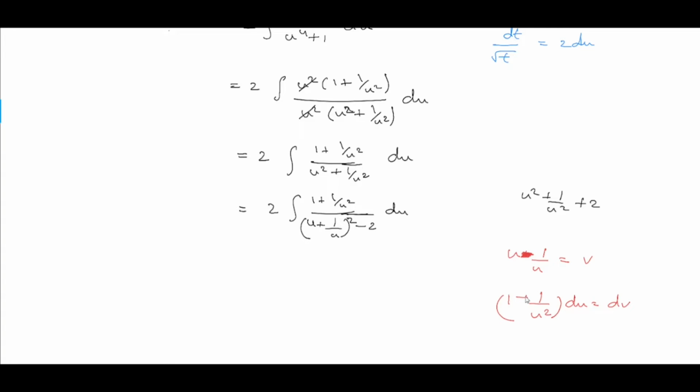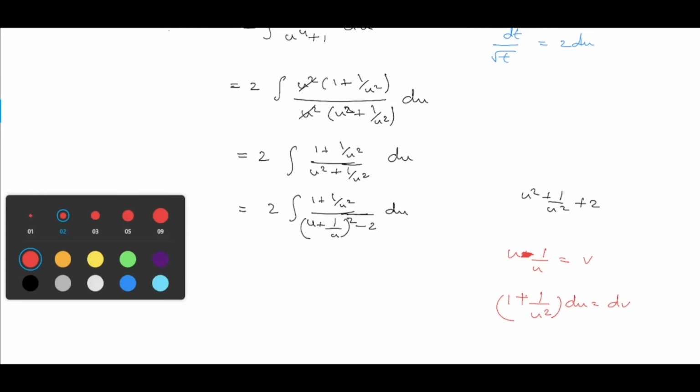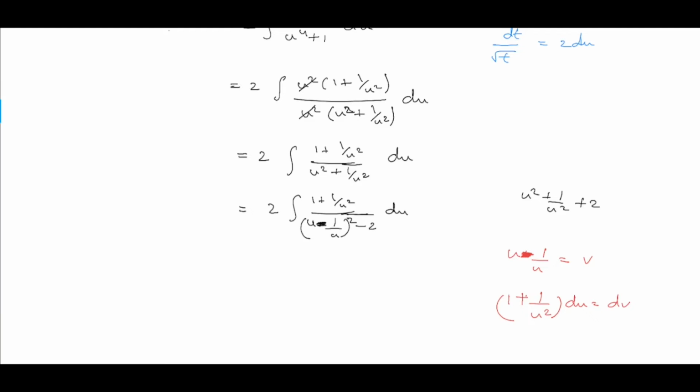If I had a negative, we have positive 1 plus 1 by u square du, and that's what I have. So how can I make this negative? That means this thing has to be u minus 1 by u squared, and if that is negative, my expansion is going to have a negative 2. So I have to add 2, and that's the change we have to make. And we got it, almost, I'd say.